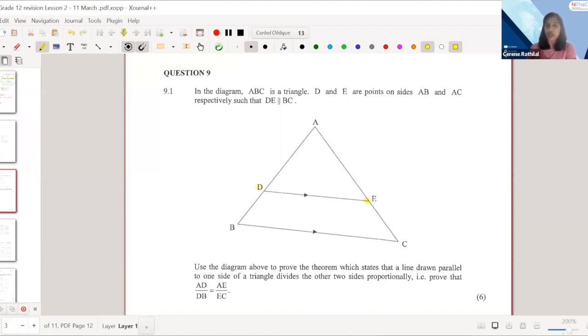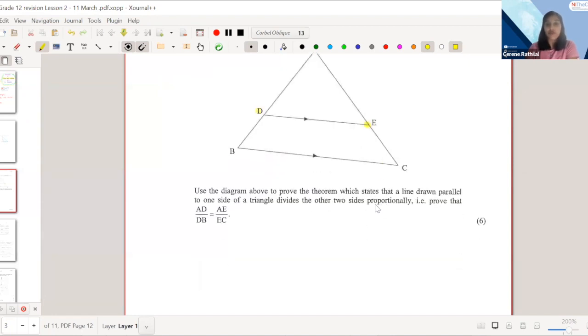So this is the information that's now been provided. The question says that we need to prove that a line drawn parallel to one side of a triangle divides the other two sides proportionally.